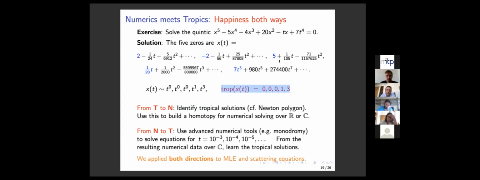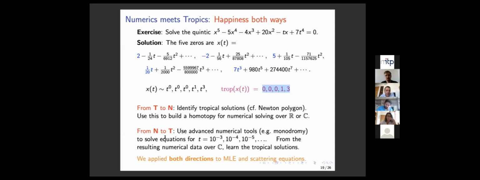You stare at the combinatorics of the equation, you read off 0, 0, 0, 1, 3, and then you use this tropical, combinatorial information to build a homotopy for numerical solving. So you pre-process with tropical combinatorics, and you use that to build a numerical algorithm for tracking.